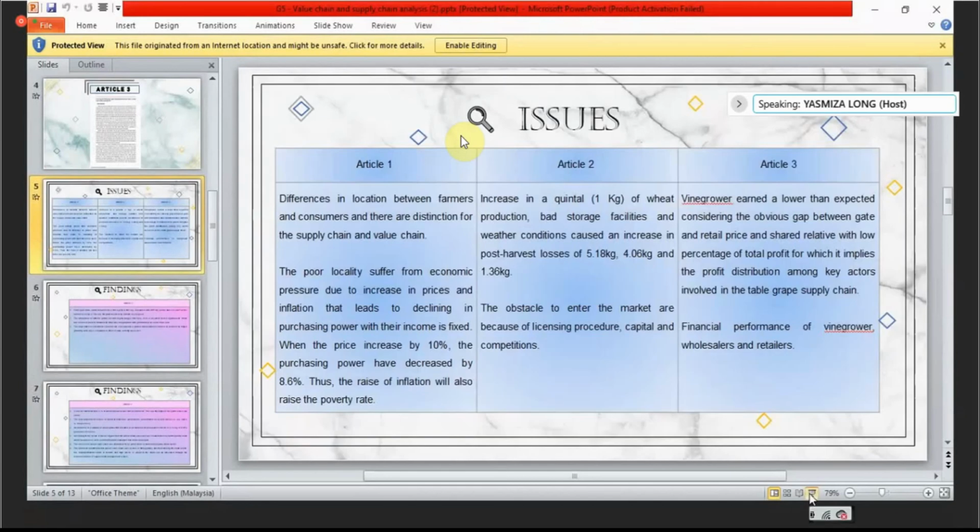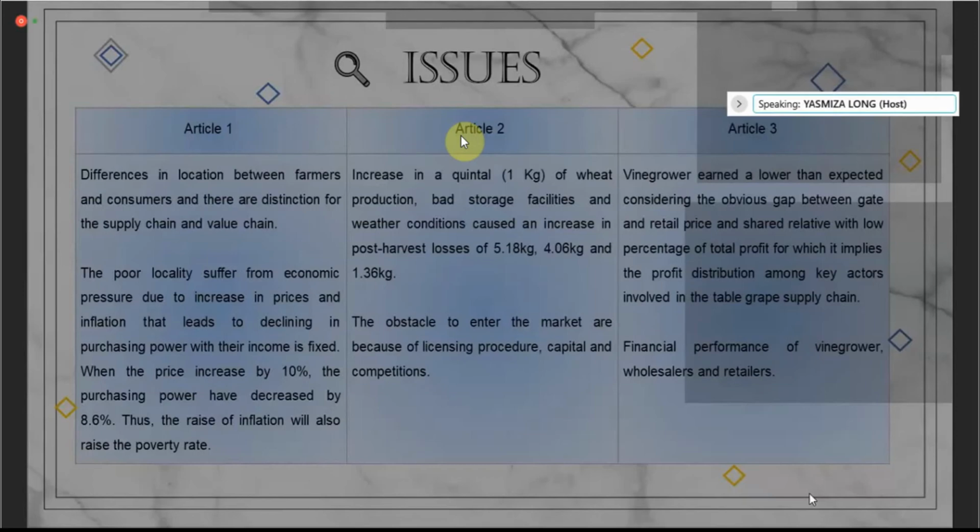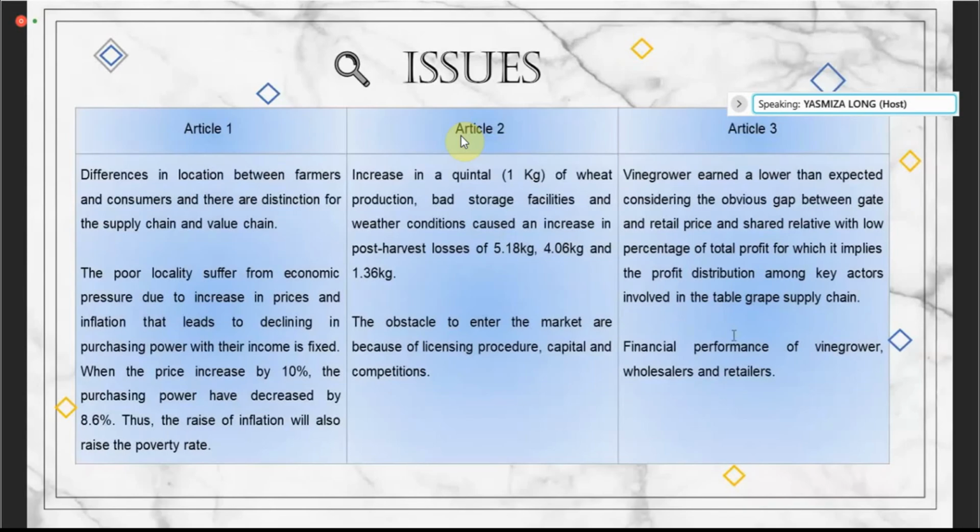Okay. Two, maybe inventory control policy. Supply chain structure. Okay. And then, what else do you think?